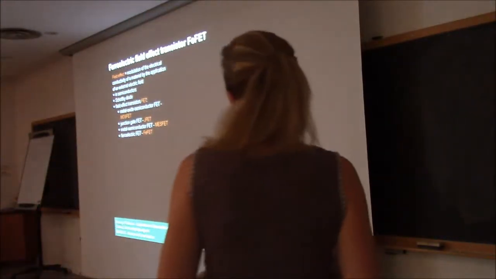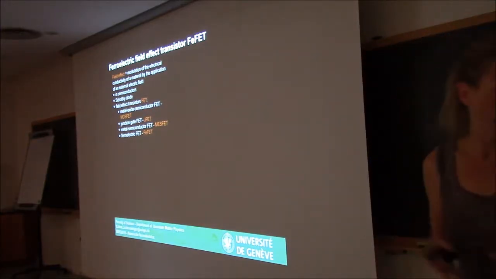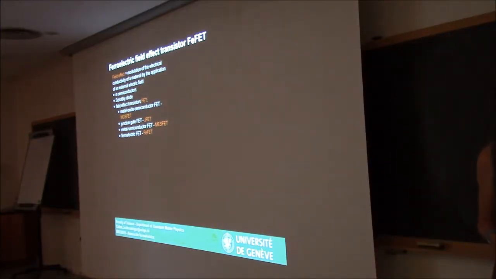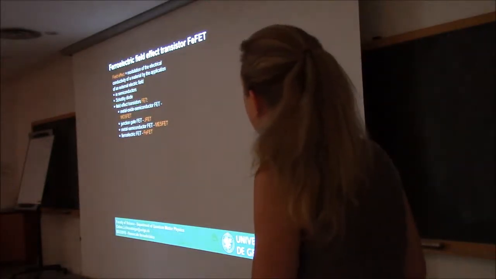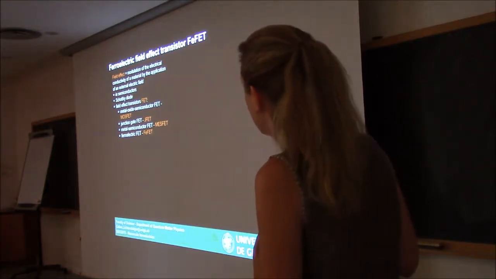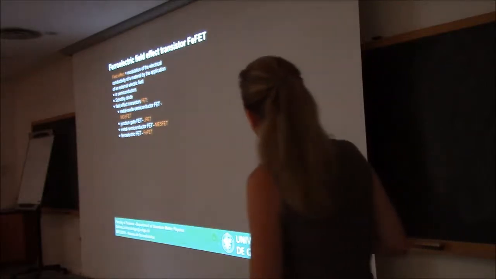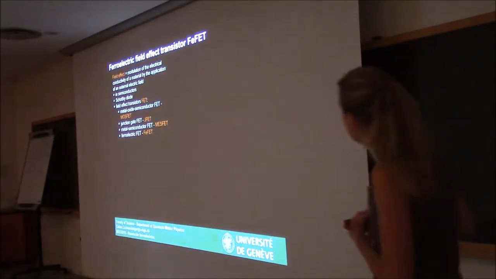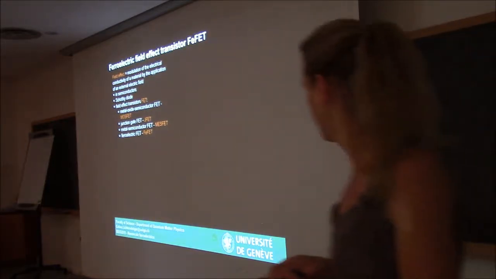So the field effect is the modulation of the electrical conductivity of a material by the application of an external electric field. So it can be used in semiconductors, Schottky diodes, or field effect transistors. Field effect transistors can be made by metal oxide semiconductors, junction gate field effect transistors, metal semiconductor field effect transistors, or ferroelectric field effect transistors.